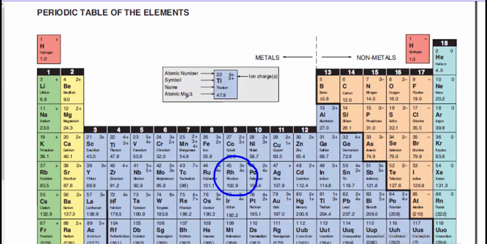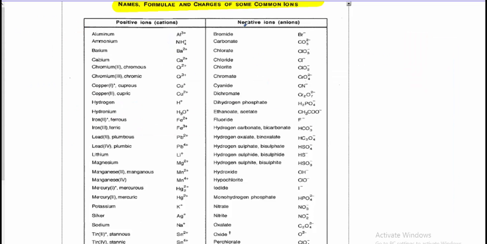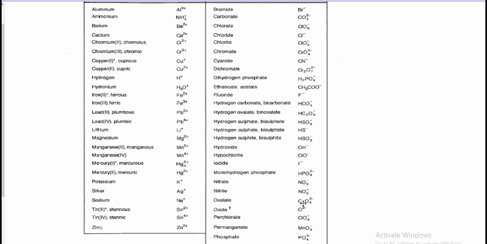I'm not going to find it on my periodic table, so I go to my chart, and let me scroll down here. Here it is down at the bottom. There we go. C2O4 is called oxalate, and it has a 2 negative charge. Okay, and that's important to us too.